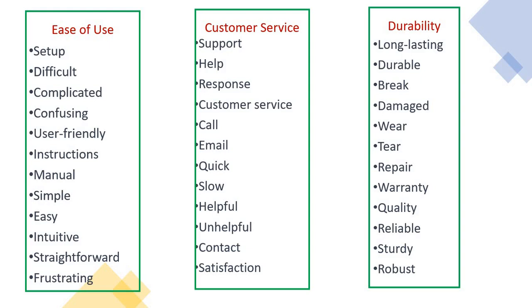So this is a surprising finding for them. They have always been thinking that customers value durability. Yes, they do. But now they are finding that customers are even more concerned about ease of use. And if you see those words, there are a lot of negative words in there.